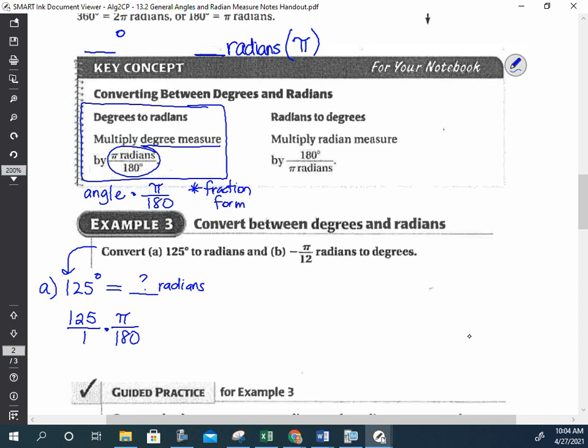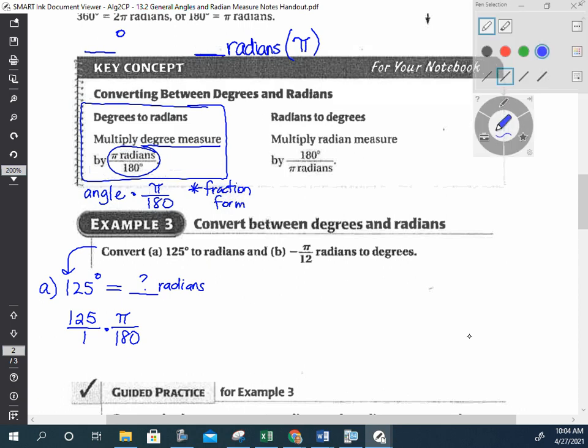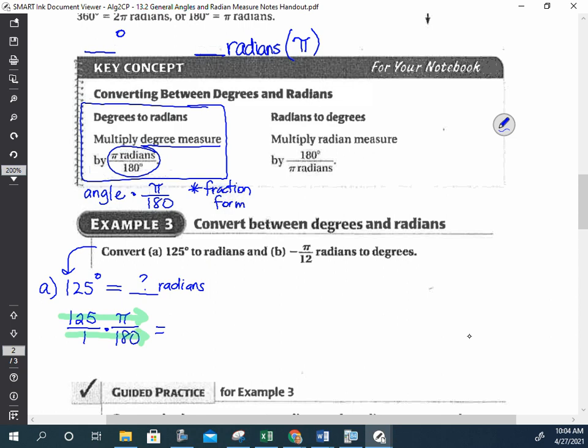Now you multiply straight across, from left to right. 125 times pi is 125 pi. 1 times 180 is 180.